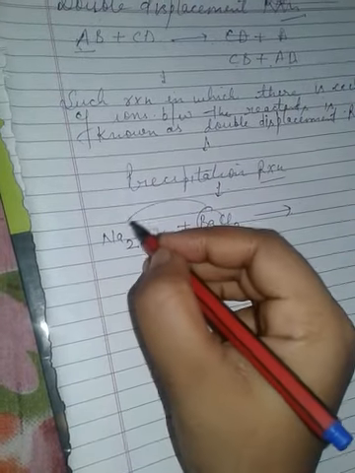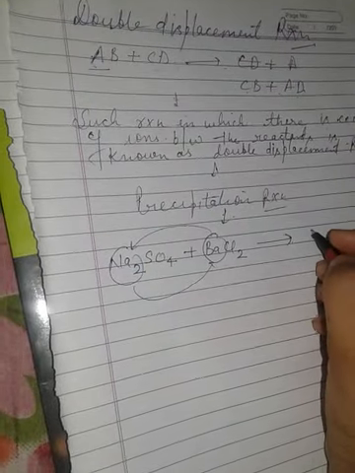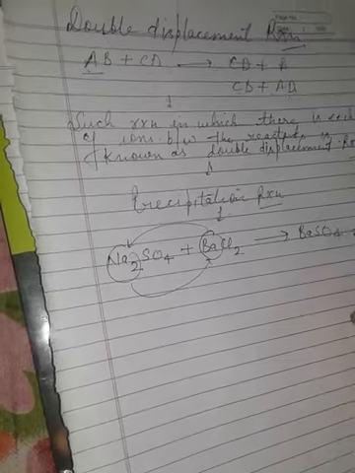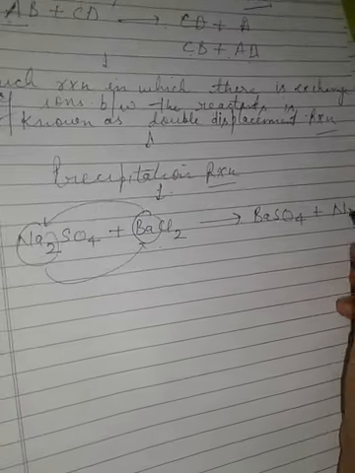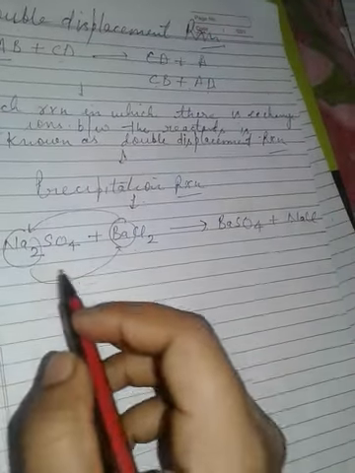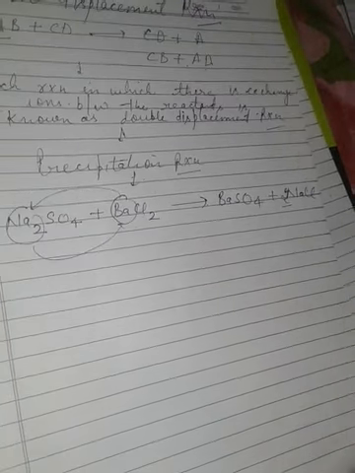Then there will be an exchange of ions. Ba will come over here and sodium will go over there. So what will be formed is barium sulphate along with NaCl. On balancing, we get this equation.